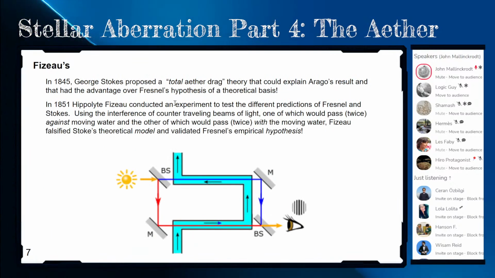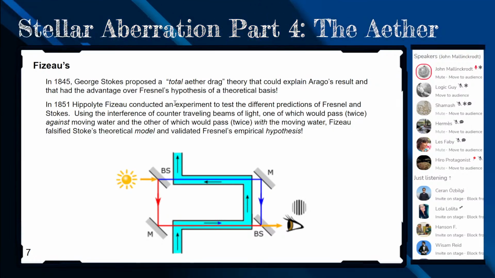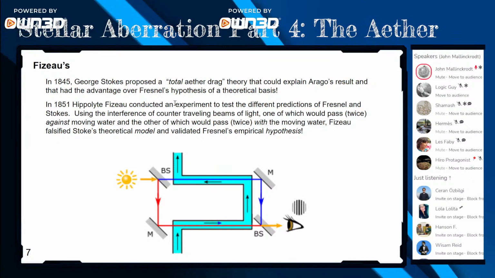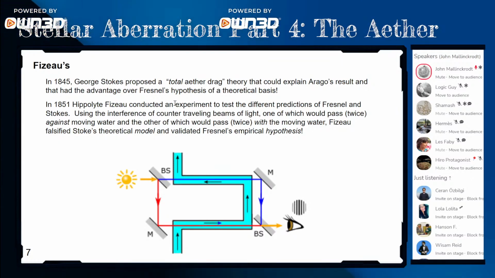In 1845, this is kind of a little known event, but it's kind of an important thing. George Stokes proposed a total ether drag theory that involved total drag in the medium and kind of a partial drag as light approached the medium. So the medium had an effect on the ether that extended beyond its physical location as it moved through the ether.